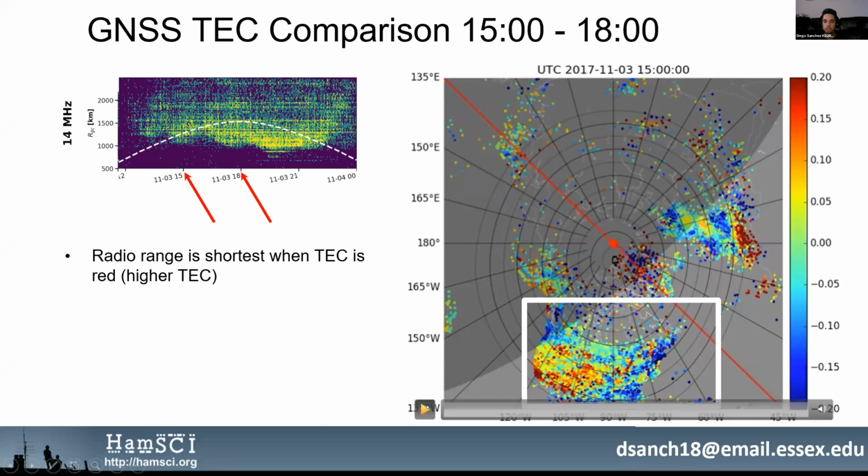This is a movie. In this first section, from 1500 hours to 1800 hours, you'd see an initial blueing of the area, and then as the ionosphere becomes more charged, we'd start to see more reddish colors. So I'll play this real quick.